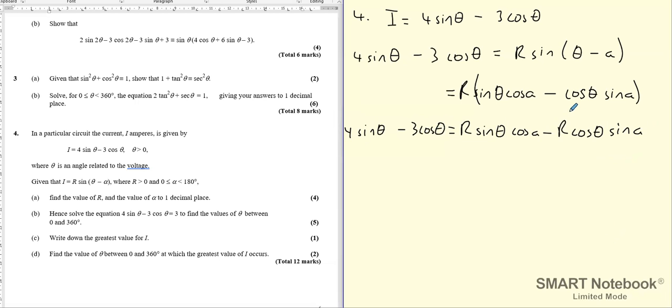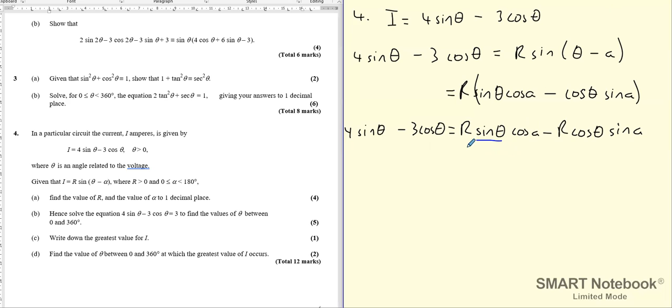Now what we're trying to do here is to work out r and alpha. In order for us to do that, we need to equate coefficients. Now what does that mean? That means we look at this sine theta on the right hand side. What is the coefficient of sine theta on the right hand side? Well, sine theta has been multiplied by r cos alpha.